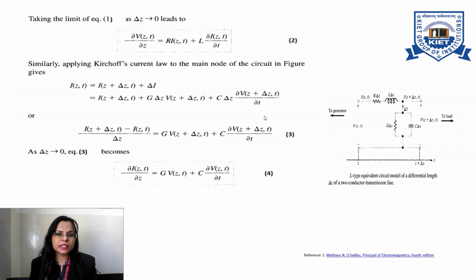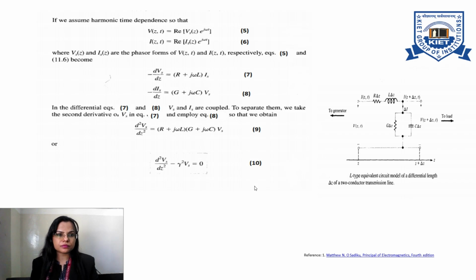Again I am rearranging this equation. So, I will get minus I(z plus del z, t) minus I(z,t) over del z equal to G V(z plus del z, t) plus C del V(z plus del z, t) over del t. Now, del z tends to 0, so equation 3 becomes minus del I(z,t) over del z equal to G V(z,t) plus C del V(z,t) over del t.